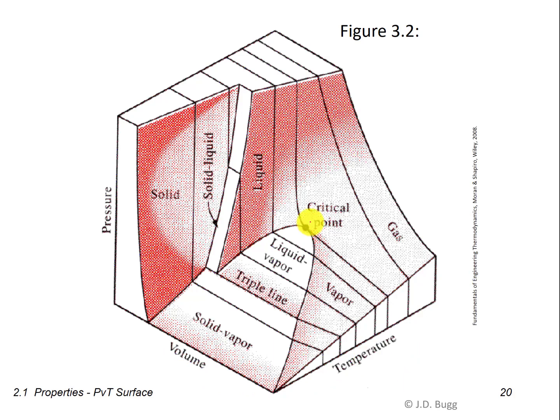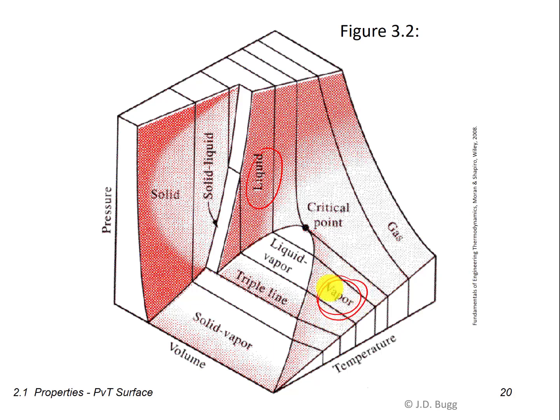The critical point is right here. This is our saturated liquid line right there. This is our saturated vapor line right there. In between them we have our liquid vapor mixture region. To the left side of the saturated liquid line we have the liquid region. To the right side of the saturated vapor line we have the vapor region.